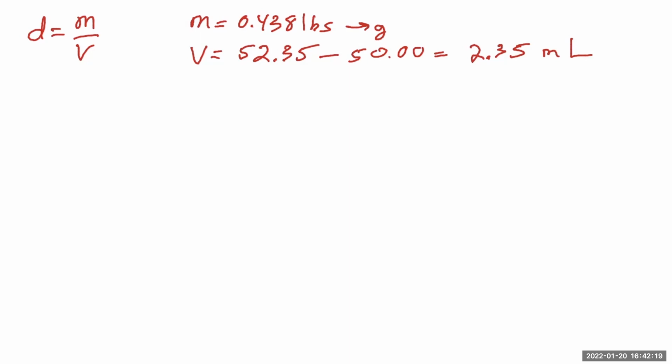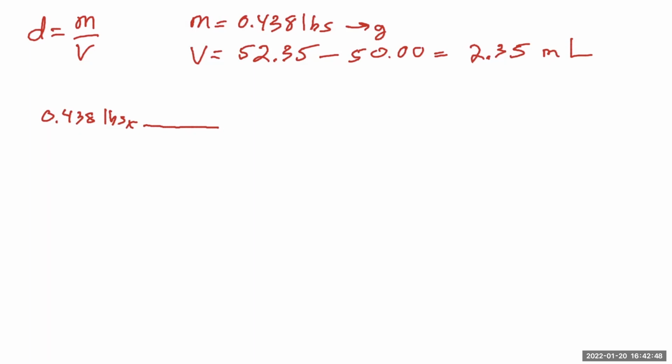Okay, so far so good. We set up like that. Yes. All right. So we have to convert the mass into grams. We have 0.438 pounds. I could go directly from pounds to grams, but I don't know that conversion exactly, so let's go through kilograms. I know that one.